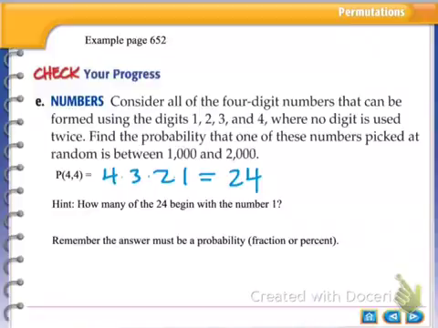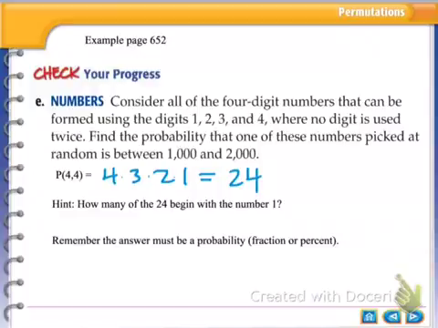Okay, the next part. Find the probability that one of these numbers picked at random is between 1,000 and 2,000. So right here we've got this hint: how many of the 24 begin with the number 1? Okay, so let's think about this.